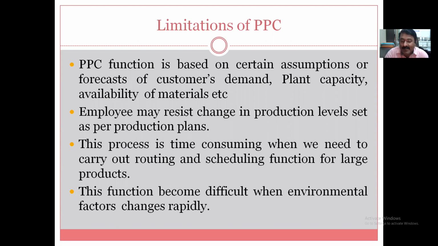This function becomes difficult when environmental factors change rapidly. Very important: environmental factors. You are preparing this production planning and control, everything you are preparing, but for example, one of the factories in an area like Uttarakhand, and immediately snowfall starts. Or take the UK and US, where there is heavy snowfall, and the target decided is that the operator will come immediately, start to work, and 50 is the target.